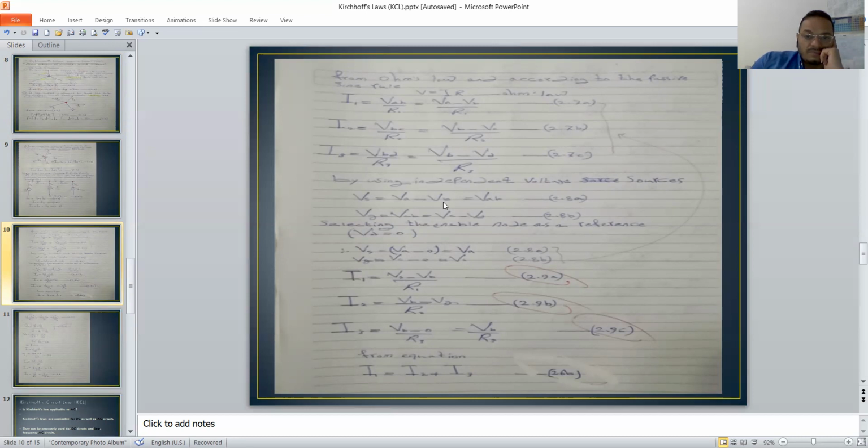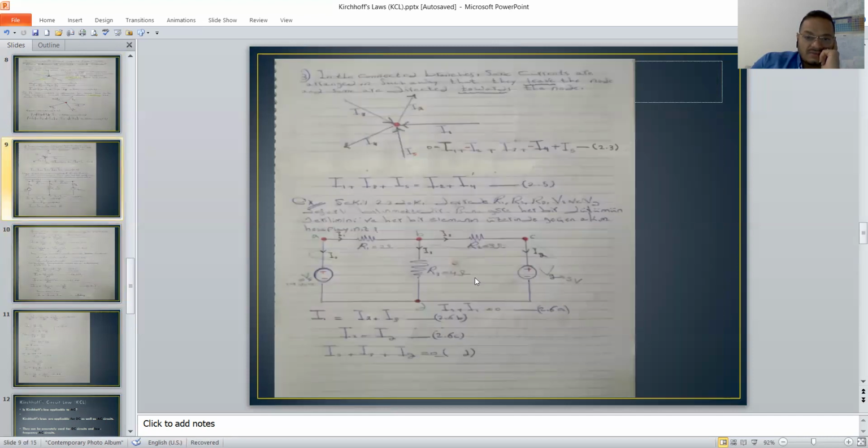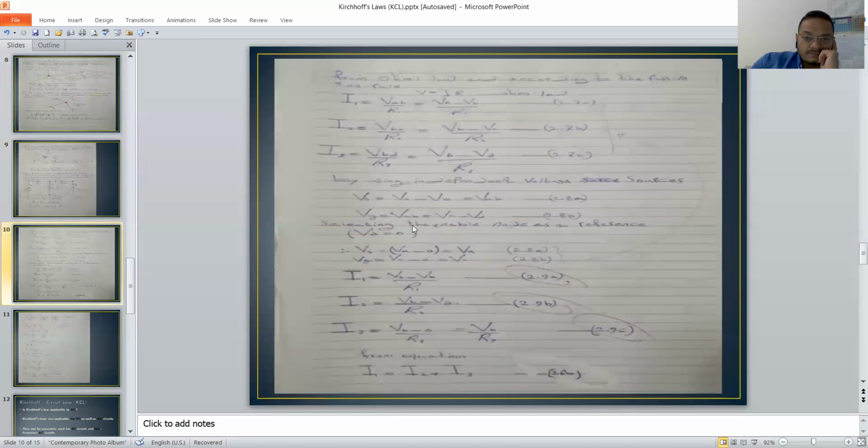Because VS will equal VA, because VD, like I said before, equals 0. And after that, VG equal VC minus VD. Yes, this is wrong. Here I must write D, VCD equal VC minus VD. And VG will equal VC because VD equals 0.